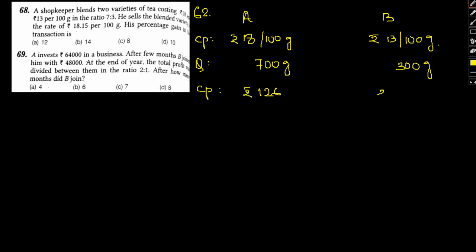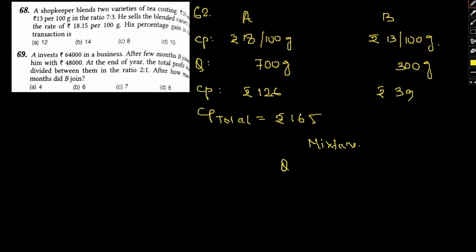And this one will be 13 into 3, that would be 39. Okay, so my CP total would be 39 plus 126, that is rupees 165.